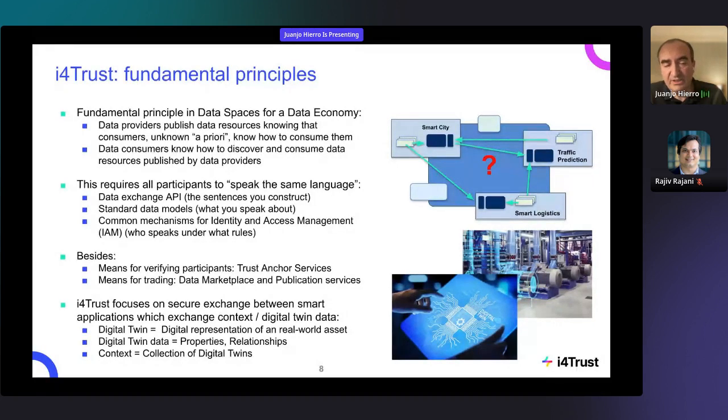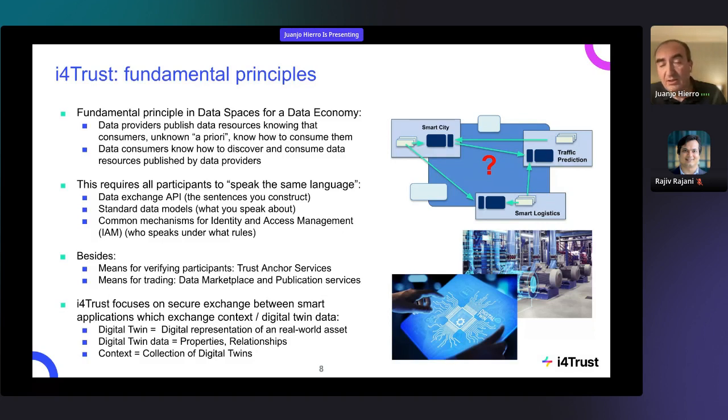They don't need to be known a priori, but it's important that at both sides they should know how they can offer data so that it can be consumed, and on the other hand discover services and be able to consume them.